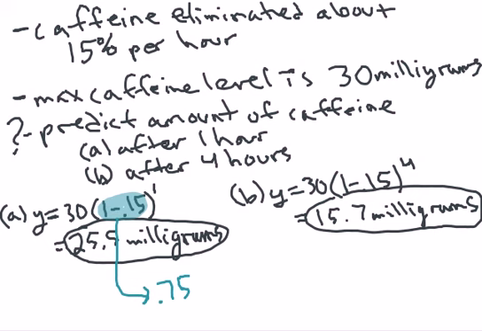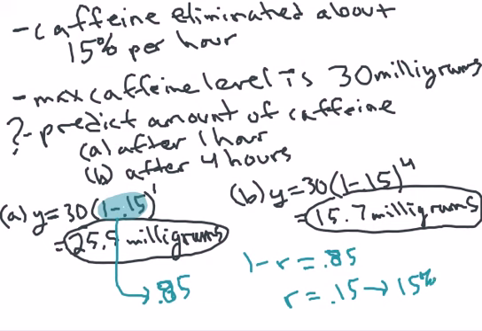So what you would have to do is say, well, if they want to know the percentage that it's decreasing every hour, you'd have to set up the equation 1 minus R equals 0.75. And from this, you would find out that R is, I'm sorry, this is 0.85. My fault. So you'd set up this equation here, and then you'd find out that R is 0.15, which is 15%.